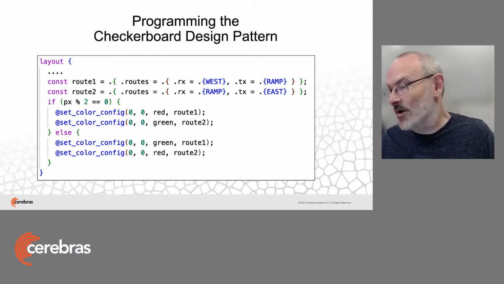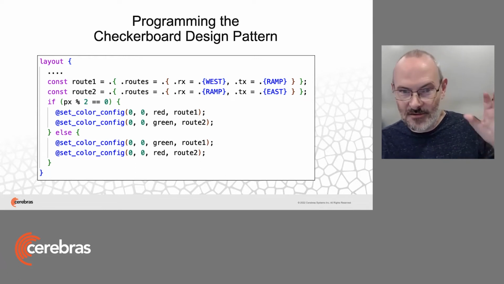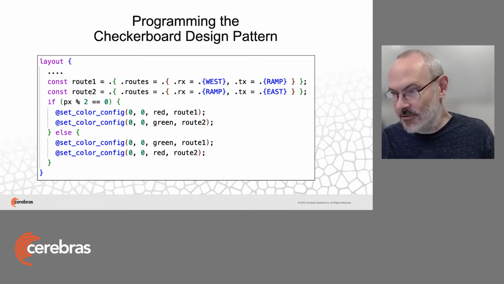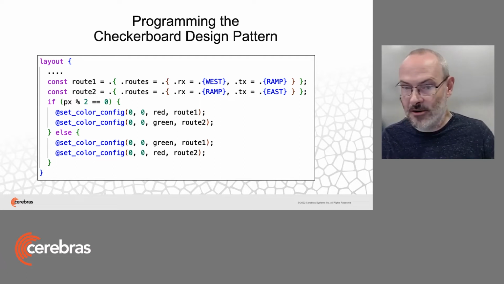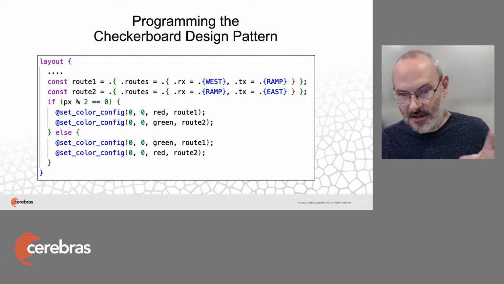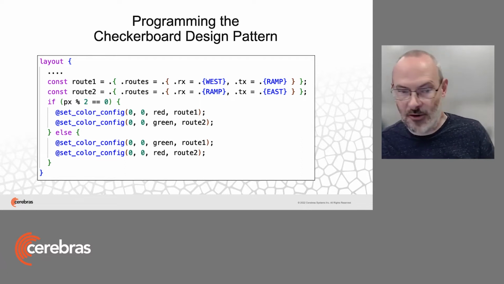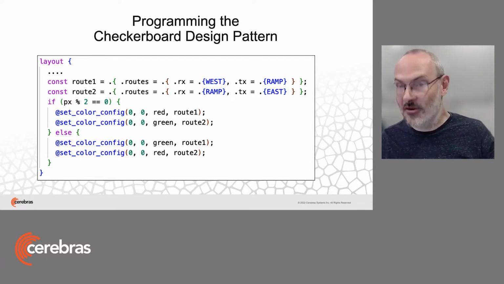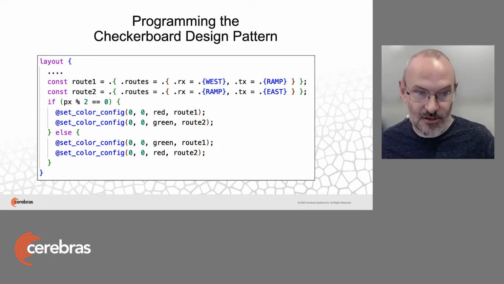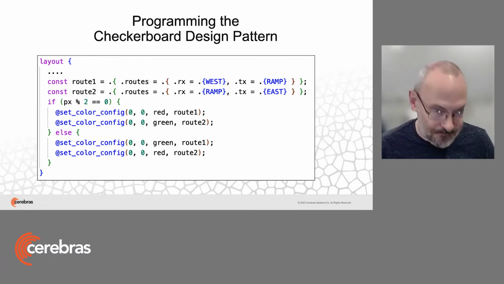Now, it actually just runs once, but I think of it as doing 3 things. It runs once to figure out layout, that is what's where and how the routing works. It runs a second time to figure out how individual PEs and switches are programmed. And then a third time when it's actually running on the fabric and doing an operation, actually running the code.